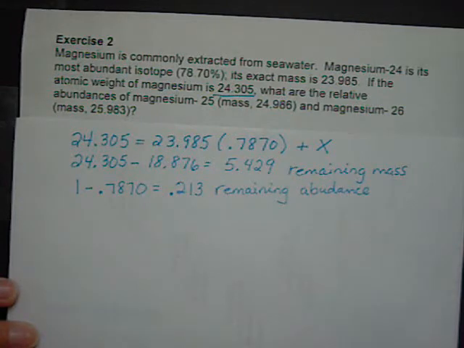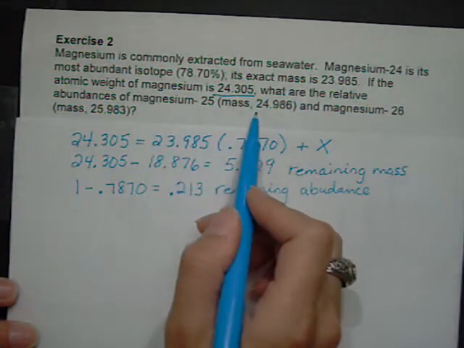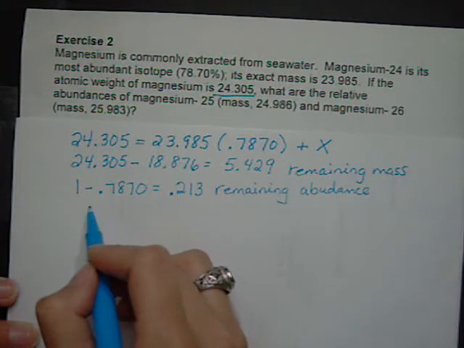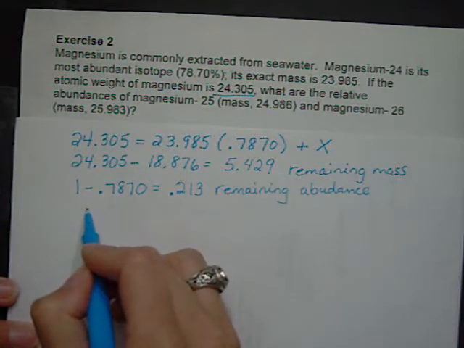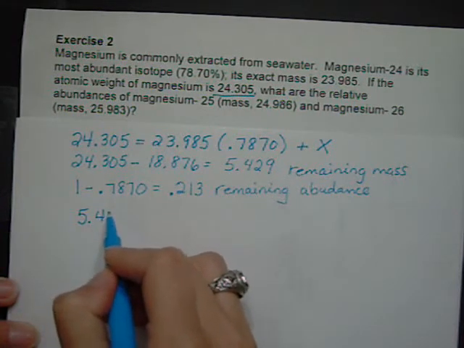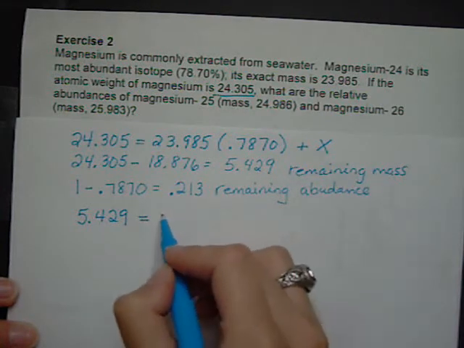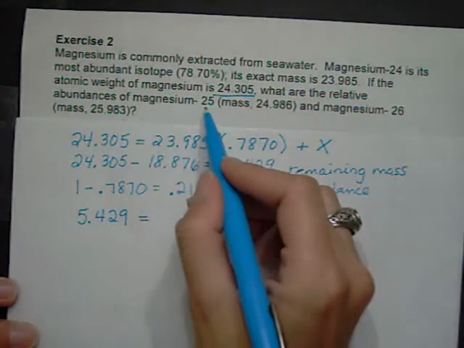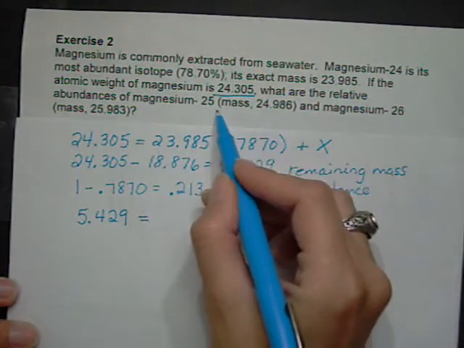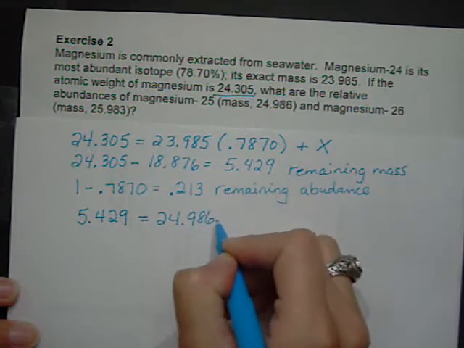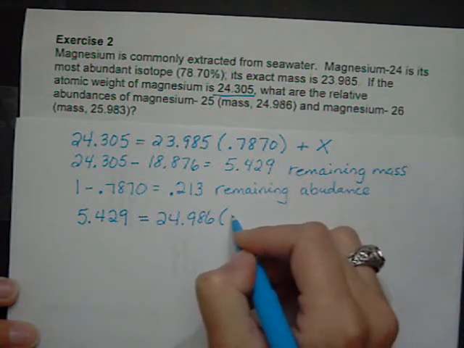What I have to relate now is I have to take the two remaining atomic masses and figure out how much of each is contributing. So I'm going to say I have my remaining mass, 5.429, equals the abundance of the magnesium 25. So that's right here, 24.986 times, I'm just going to use a variable, so I'm going to call it y.